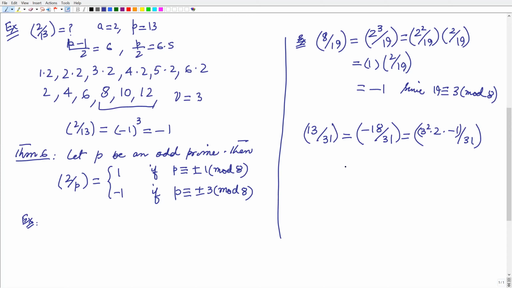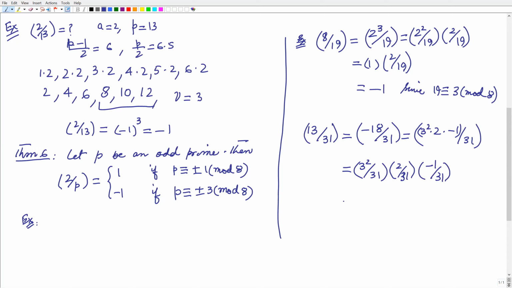So now we can write the Legendre symbol of 3 squared over 31, times the Legendre symbol of 2 over 31, times the Legendre symbol of minus 1 over 31.